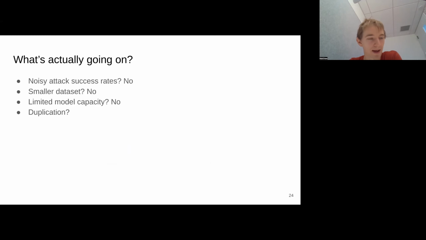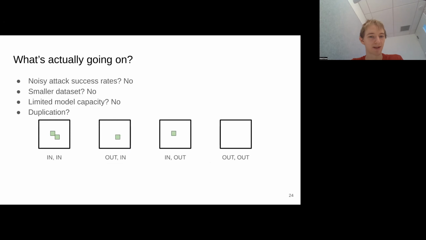Another thing that you might think is duplication. I want to talk about this one a little bit more because it's close to what the truth is. I'm going to give you this little picture: we have 2 points that are near duplicates of each other in our training set.